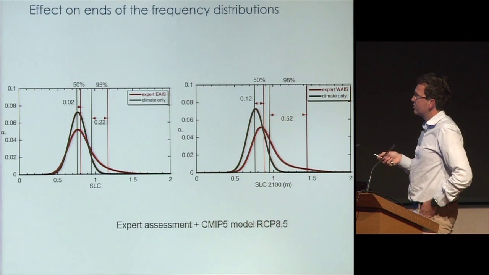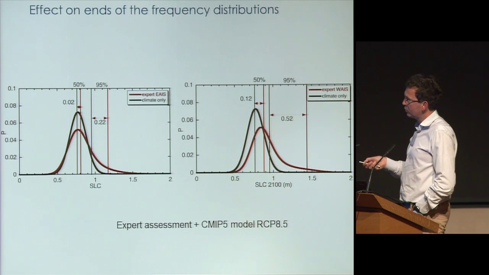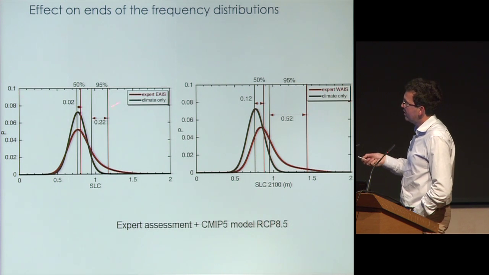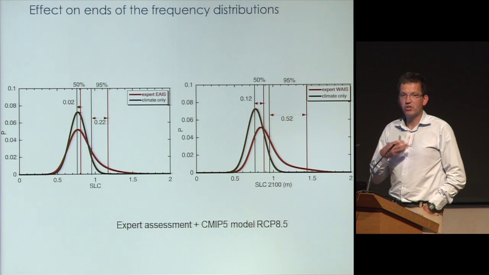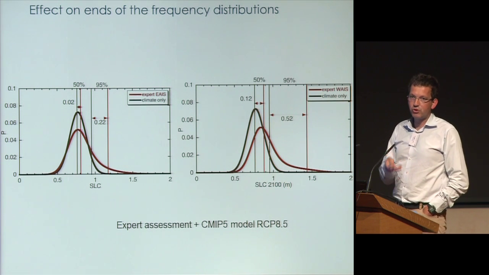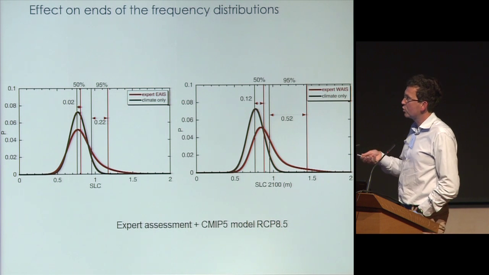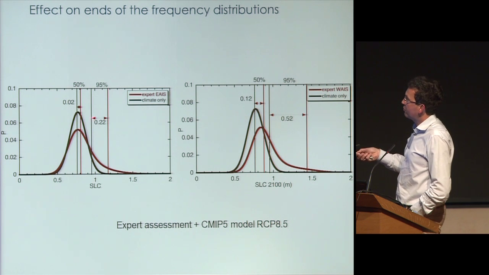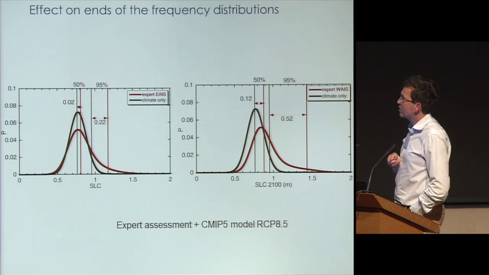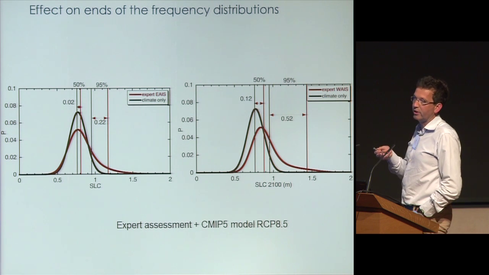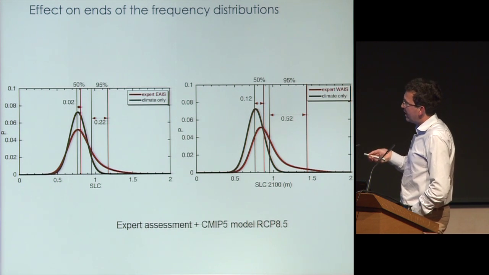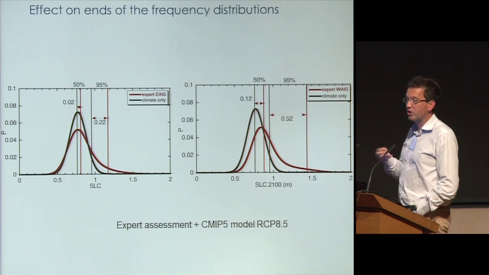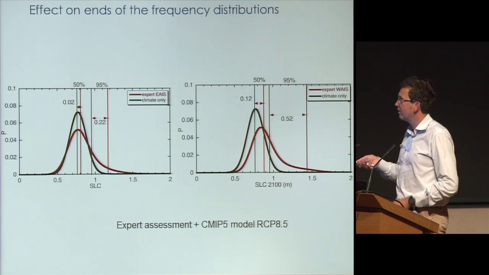And the interesting thing is that if you look at this left graph, where you have the probability as a function of the sea level rise, you have the climate effect only, which is the CMIP5 result. The CMIP5 result gives a certain value and an uncertainty, and that's Gaussian distributed. So that's this black curve. And the expert assessment for the East Antarctic ice sheet, which is based on the Bamber result, can be added to this Gaussian distribution, but it's a non-Gaussian distribution, so you have to do that a little bit carefully.